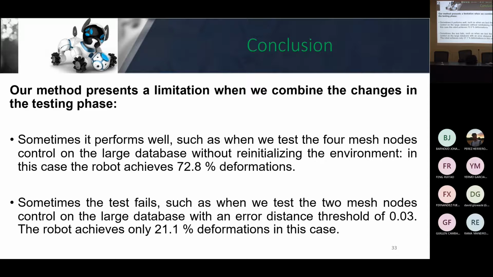For example, in this third test, I use a small database, like the one I showed you. But if I use a large database this time, it's going to perform only 21%. So when we increase the precision, it's kind of difficult to add to that other deformation than the one the agent was trained on.